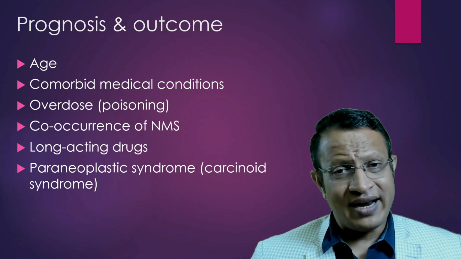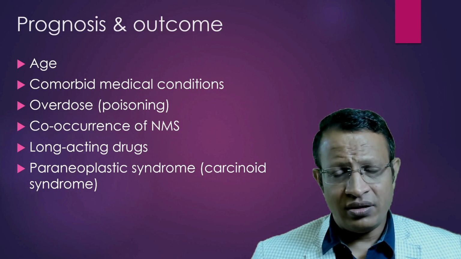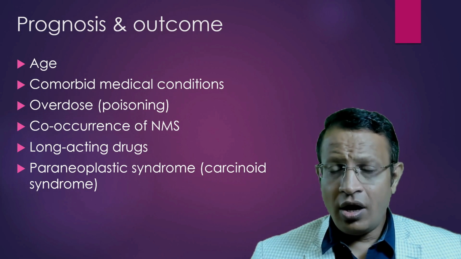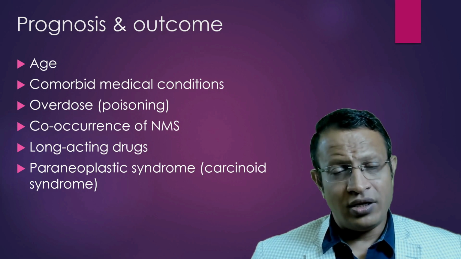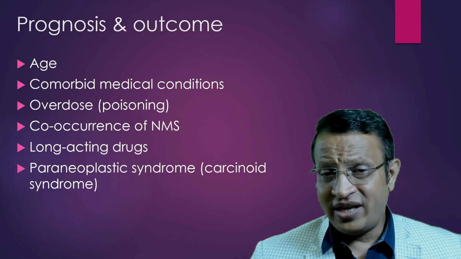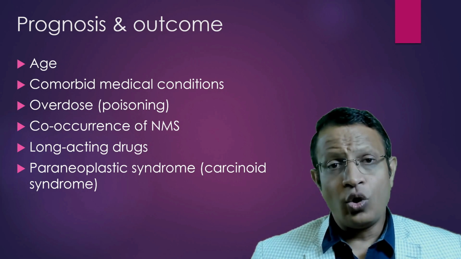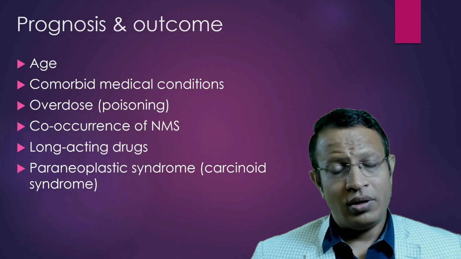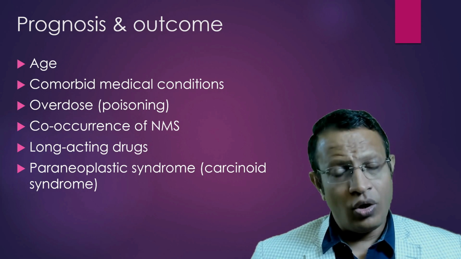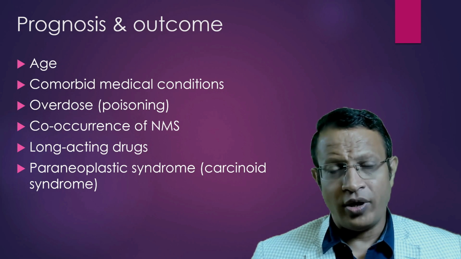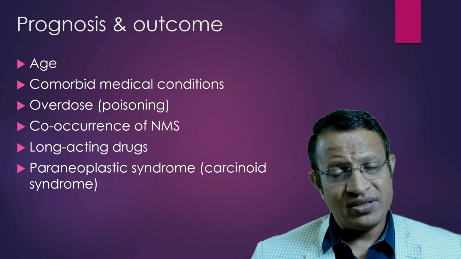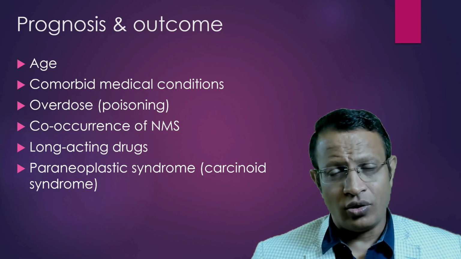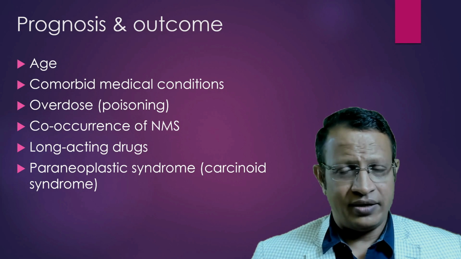The prognosis depends upon the age of the patient, comorbid medical conditions, and overdosing, that is, if the patient has taken too many serotonergic drugs to kill himself, and co-occurrence of neuroleptic malignant syndrome. That means if the patient is taking an SSRI along with an antipsychotic and a monoamine oxidase inhibitor, and also develops NMS along with serotonin syndrome, it can be difficult to treat.